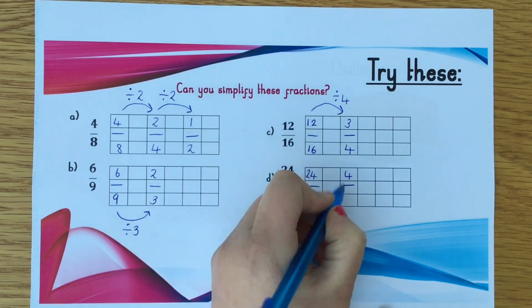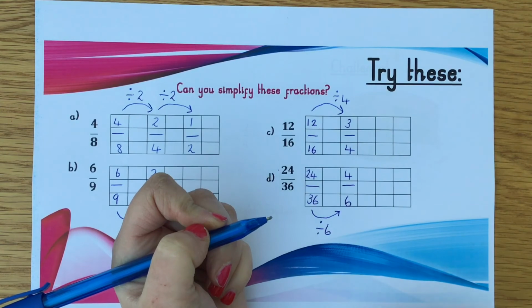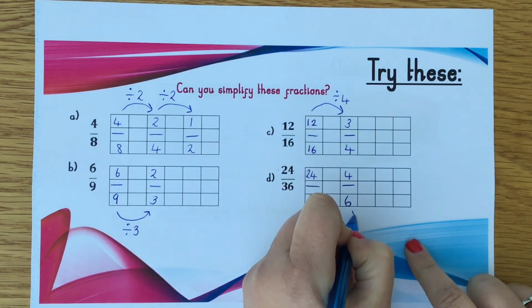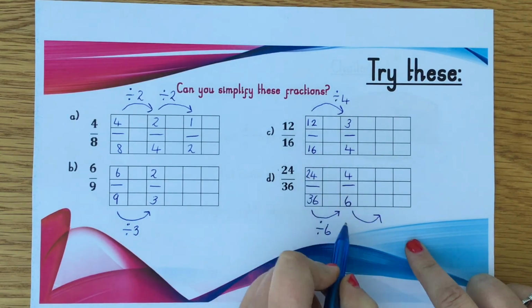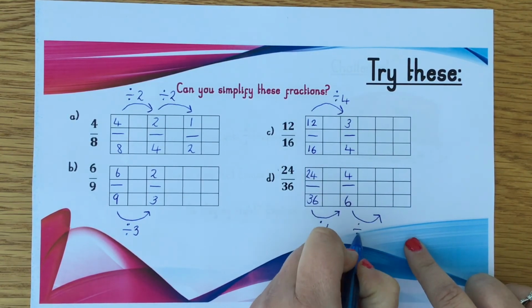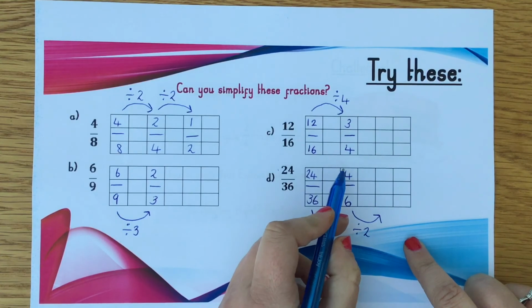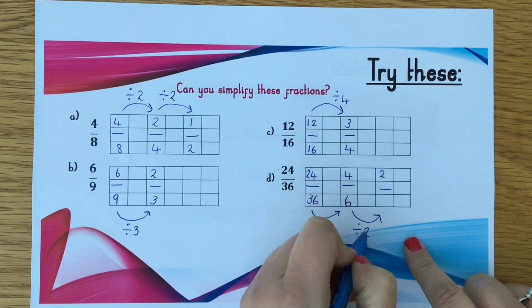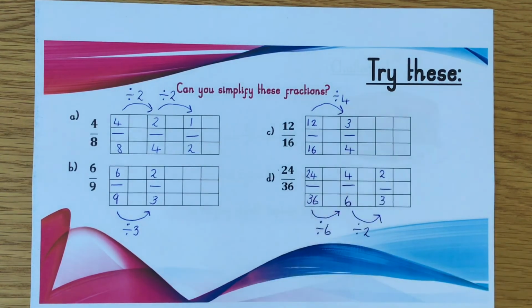And 36 divided by 6 is 6. And we can simplify this even more as well. And I know that both of these numbers are divisible by 2. So 4 divided by 2 is 2. And 6 divided by 2 is 3. So 2/3 is the most simple form of this fraction here.